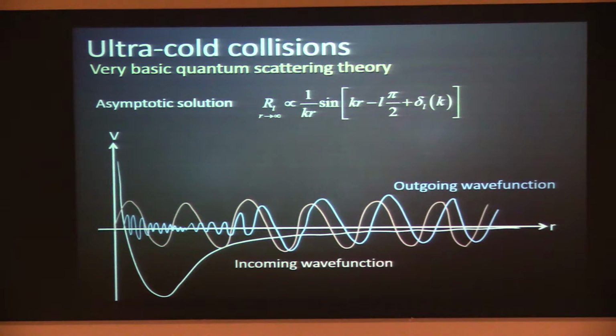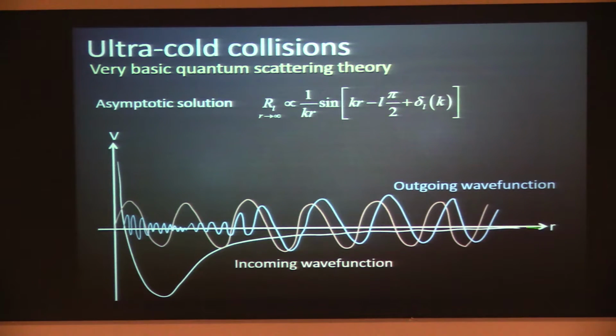So what's happening here? Well, we have this potential, and we have incoming wave functions. At long distances they look like plane waves, so I've drawn a plane wave schematically here. At short internuclear distances, the oscillation of this plane wave speeds up because of the potential. It's like undergraduate quantum mechanics. There's also an outgoing wave function, and at large internuclear distances we know exactly what it has to look like: a sine wave, because we have to conserve probability current.